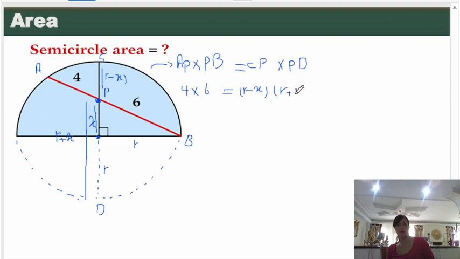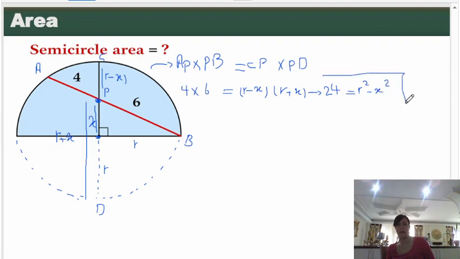Okay. I distribute the parentheses, and I will get, for the left side, 24. The right side would be r squared minus x squared.